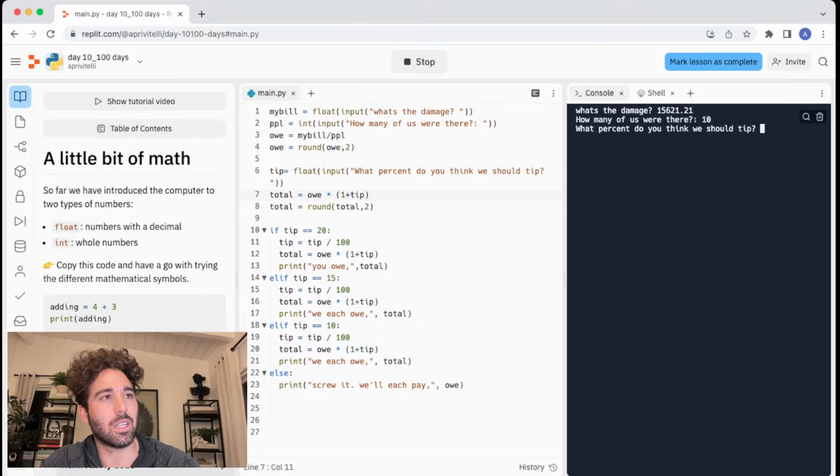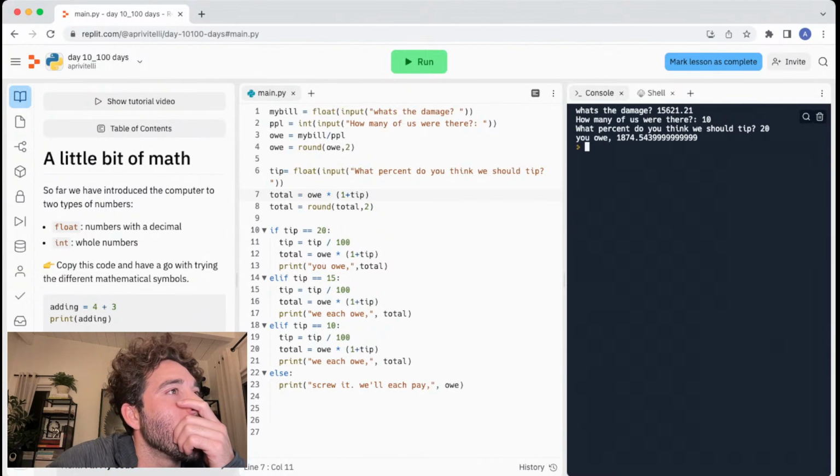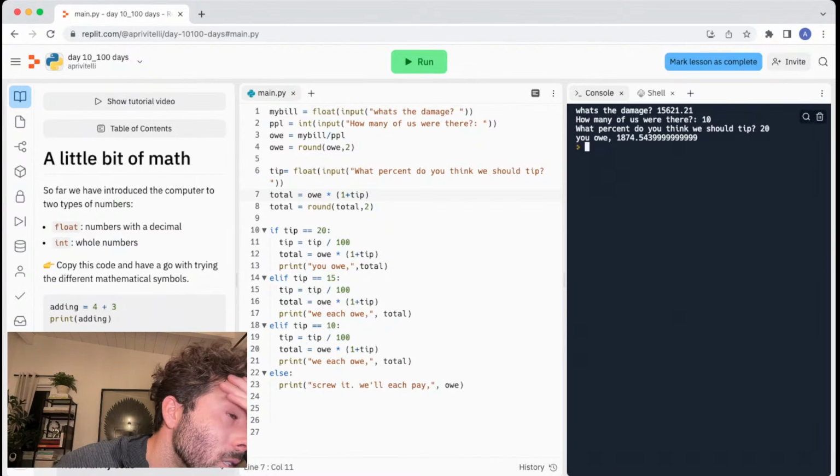10, 20. No! It's 15621.21 times 1.2 is tip, divided by 10, 1874.54. So, yeah, why is it putting so many... what?